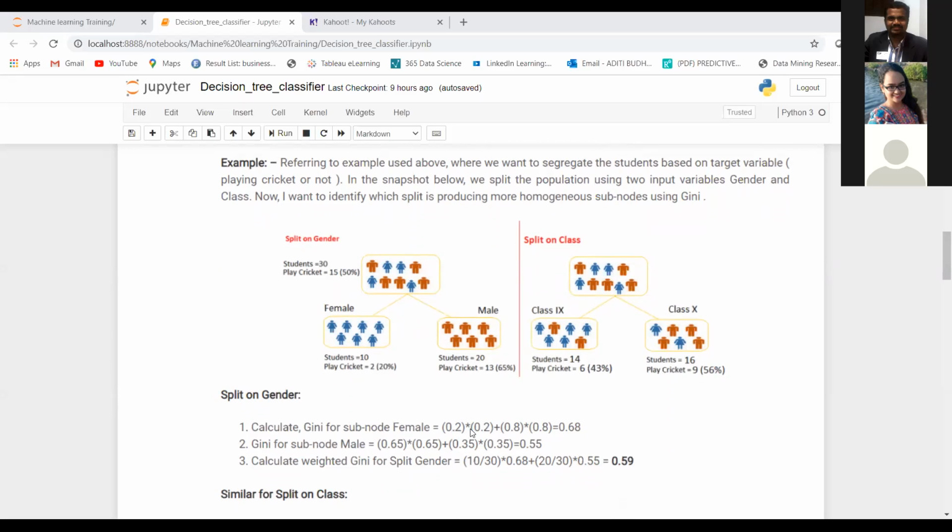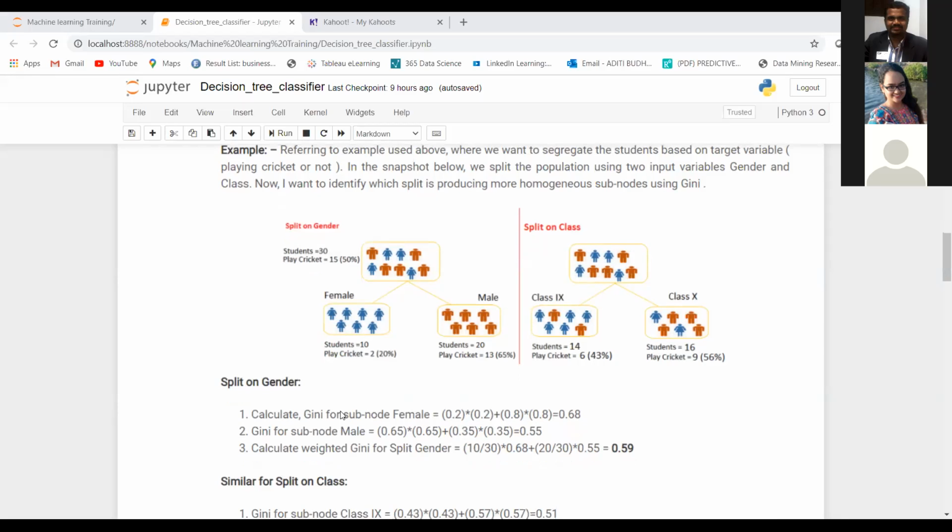So we have 0.2 square. And the complementary probability, that of a female not playing cricket, is 1 minus 0.2, which is 0.8. We take the square of this probability too. So 0.2 square plus 0.8 square, and when you add this, you get 0.68. So this is the Gini parameter for the female node.